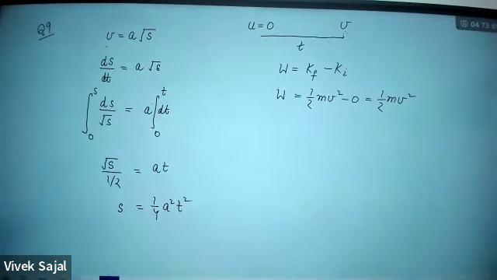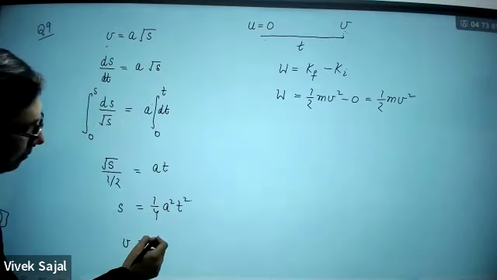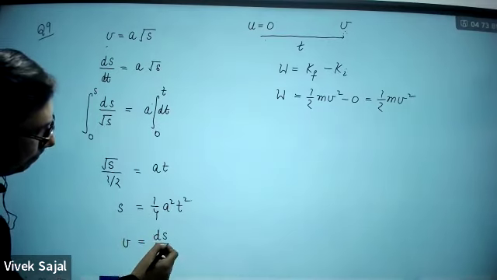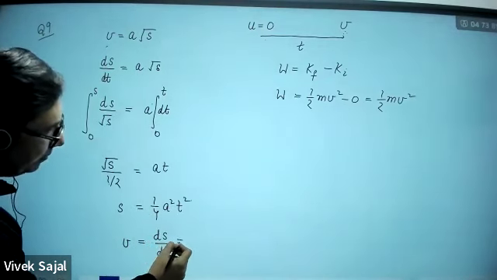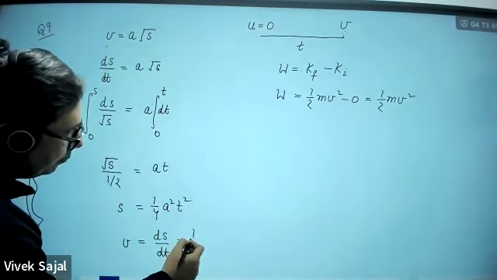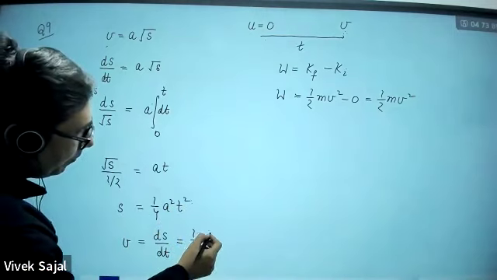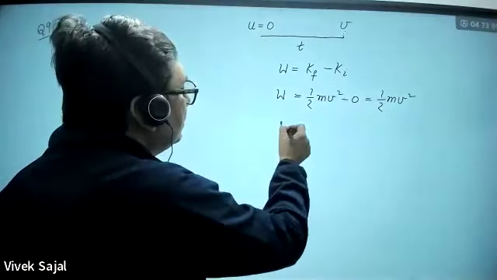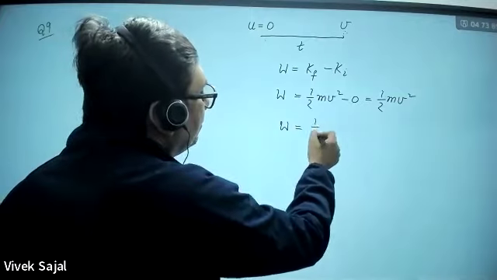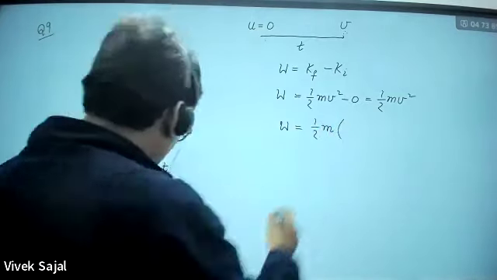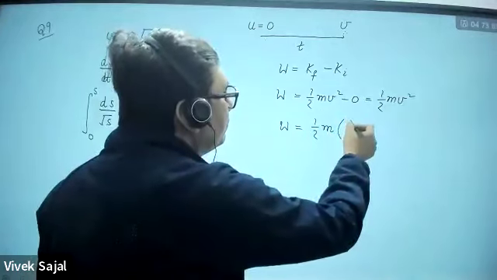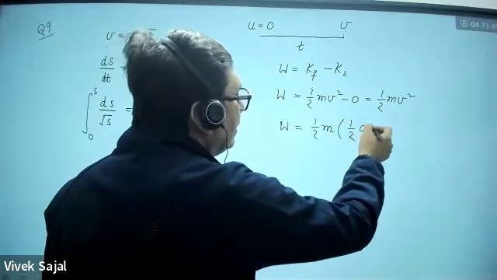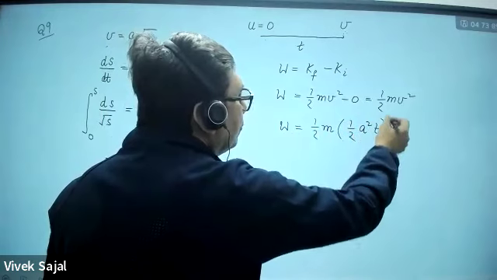So I found s as a function of time. So what will be v? v will be ds by dt. As a function of time, this will be 2t, so 1 by 2 a square t. Substitute this v here: 1 by 2 m, times 1 by 2 a square t, whole square of this.